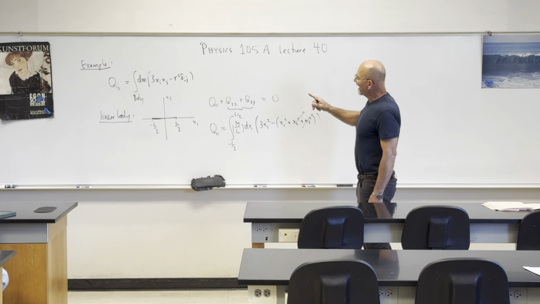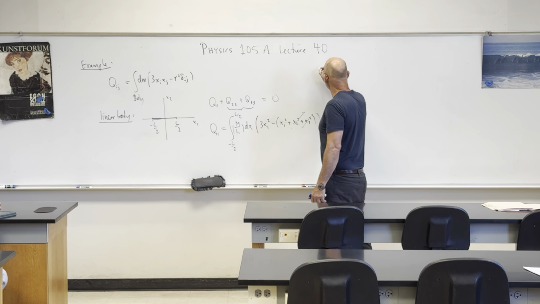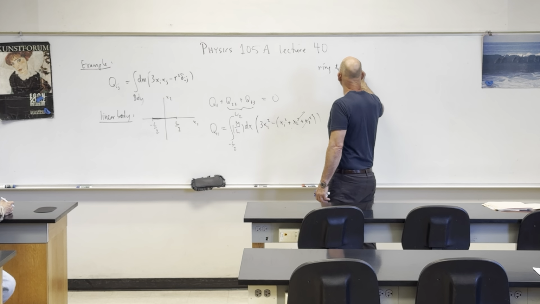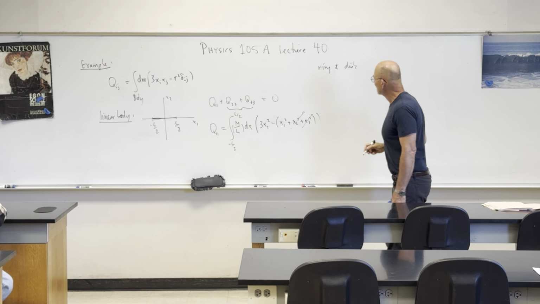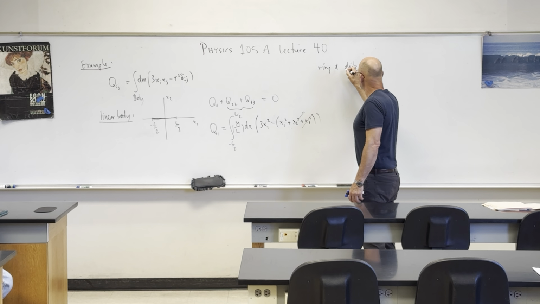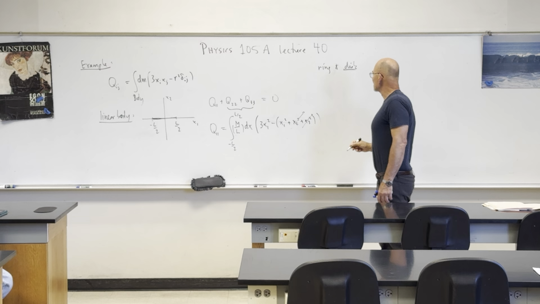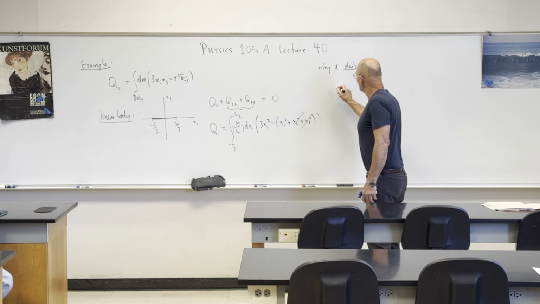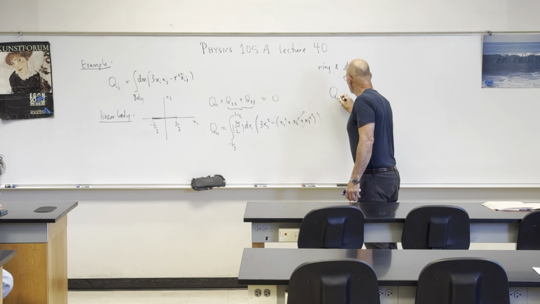Good. So we had the linear body, then we had the ring and the disk. Okay. So the disk we'll talk about. So for the disk we had Q_ij.